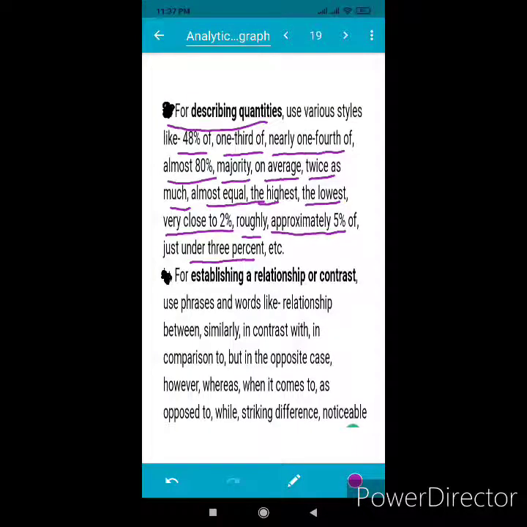Now for establishing a relationship or contrast. How to make the contrast? You can use these lines.